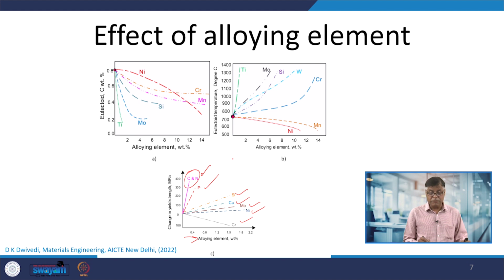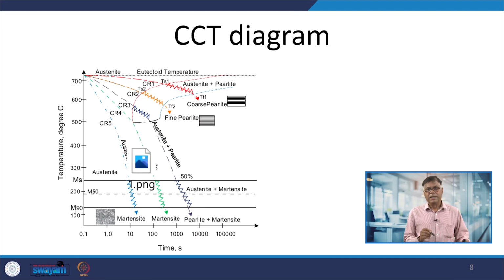Carbon, nitrogen, these will be forming interstitial types of solid solution, and thereby they will be increasing the yield strength significantly. The chromium addition here we can see decreases the yield strength initially.